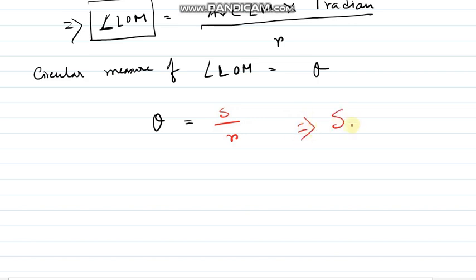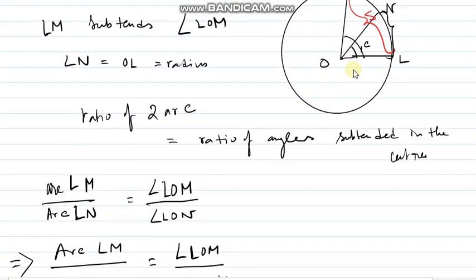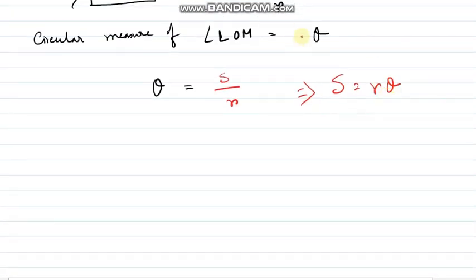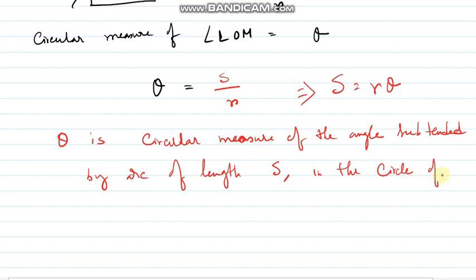From there we get S equals r theta, where S is the length of the arc, r is the radius of the circle, and theta is the circular measure of the angle. You have to mention that theta is the circular measure of the angle subtended by an arc of length S in a circle of radius r units. That time we can write S equals r theta.